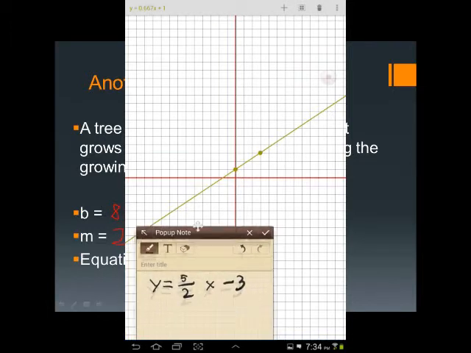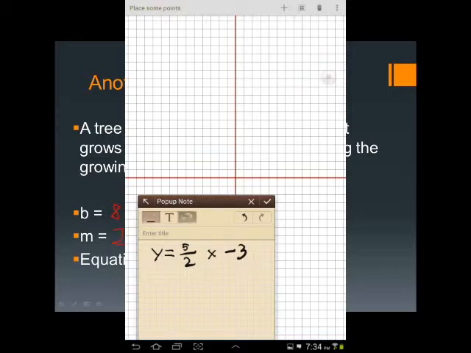Alright, so let's turn that around now. Let's start with the equation this time and work backwards and do the graph. So let's do y equals 3/4 x plus 2.